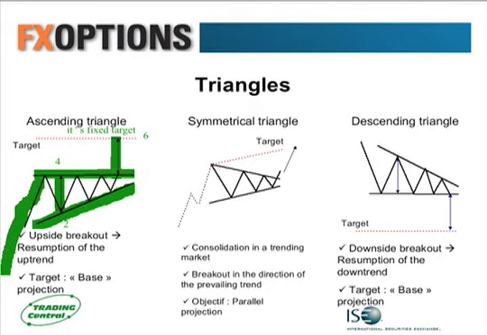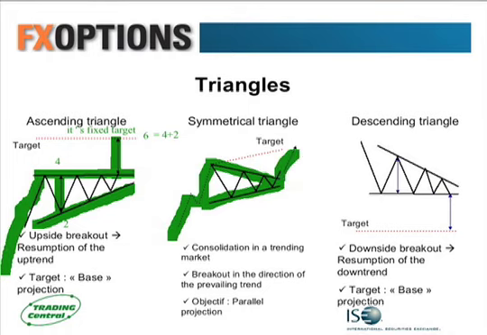The second triangle is the symmetrical triangle. The lower boundary is rising while the upper boundary is declining. Like for the ascending triangle, it's a consolidation pattern before the resumption of the trend, okay?